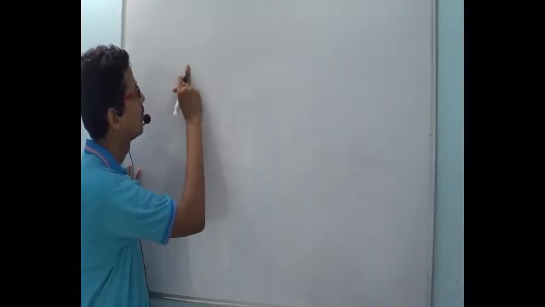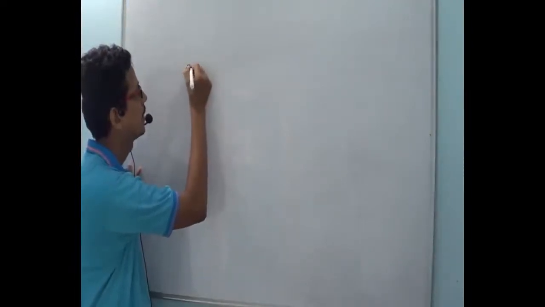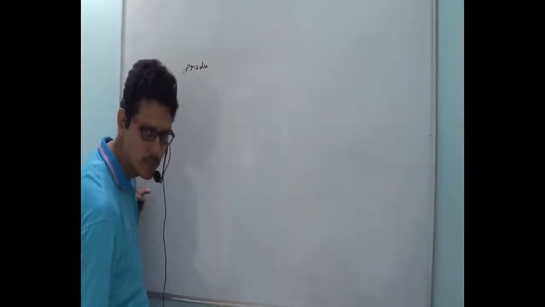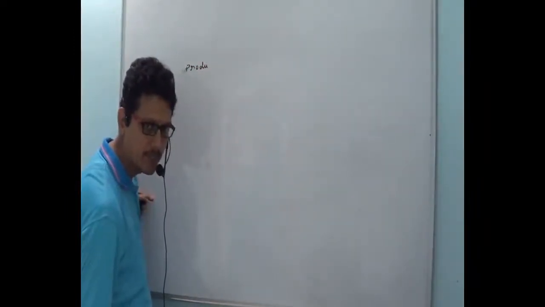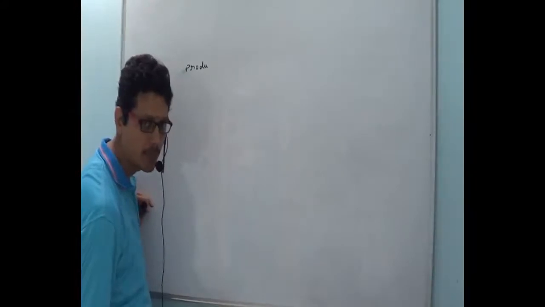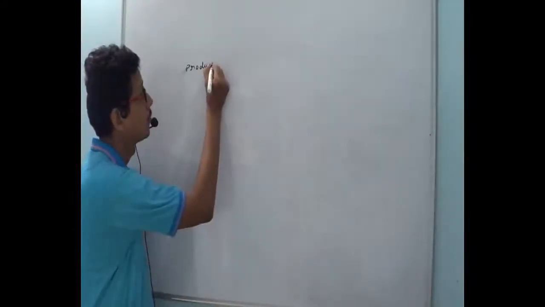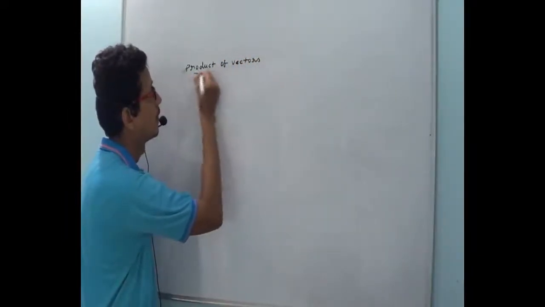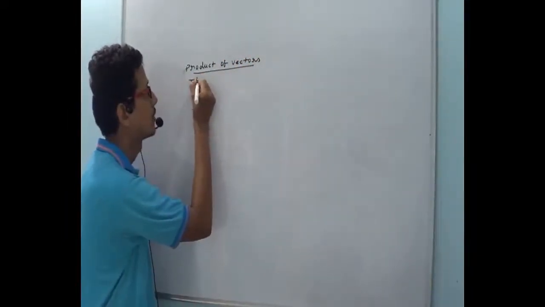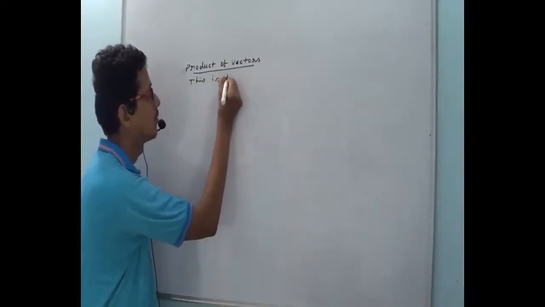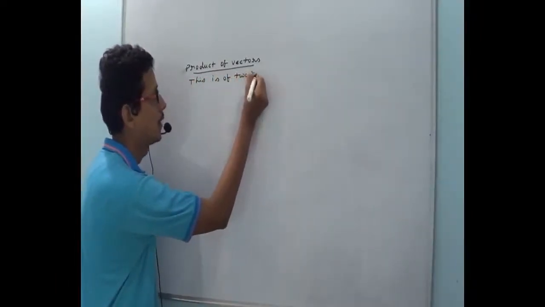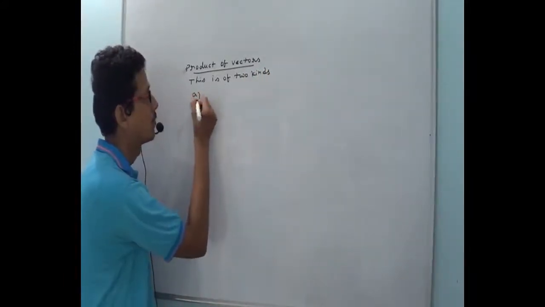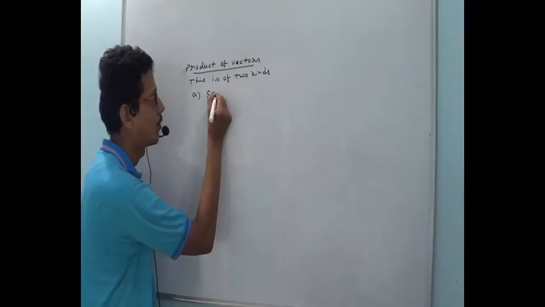Vector product, product of vectors, side heading. Already we have seen addition and subtraction. Then we will go for product, multiplication of vectors. Product of vectors is of 2 kinds. Note down along with me. First one is scalar product or dot product.